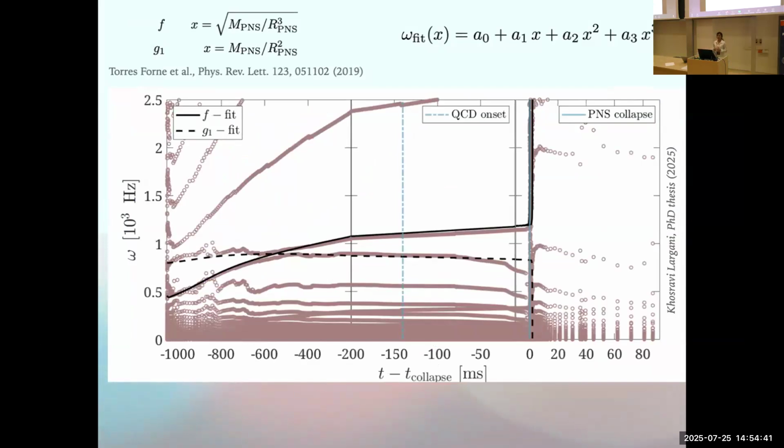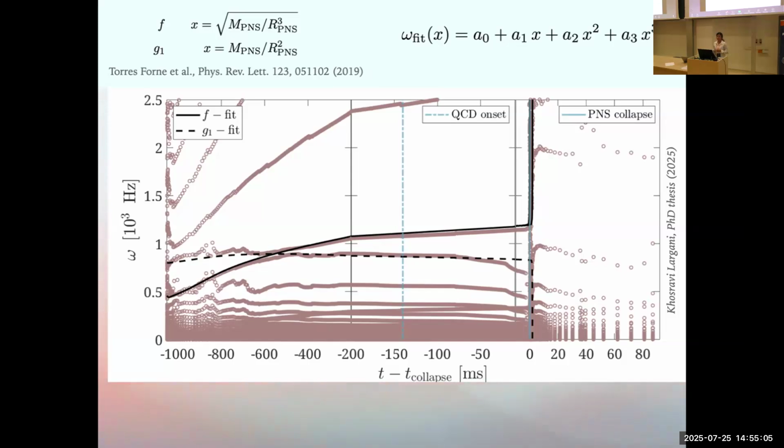So based on the letter that has also been done by Pablo and Alejandro, we can actually find correlations between the mean density for the fundamental mode and also the compactness for the G modes. And that's why I took the challenge to check if we can find some fits for this, which is in agreement.